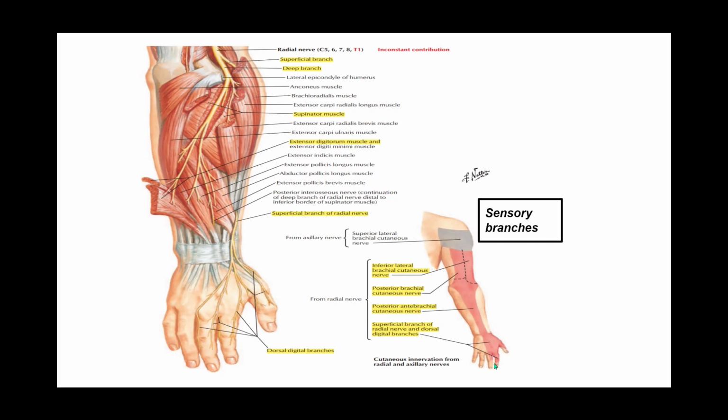It doesn't supply the nail beds. Nail beds are supplied by the median nerve. The median nerve supplies the palmar area and bends to supply the distal parts of the fingers, okay, of the digits, the nail bed area.